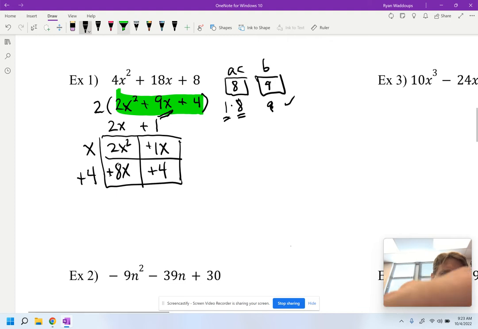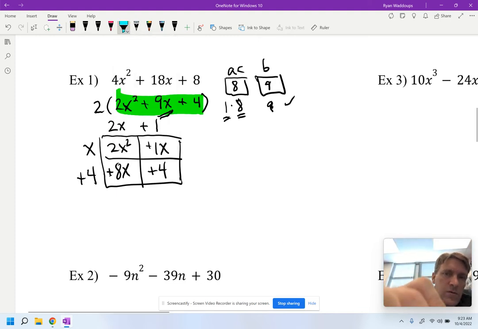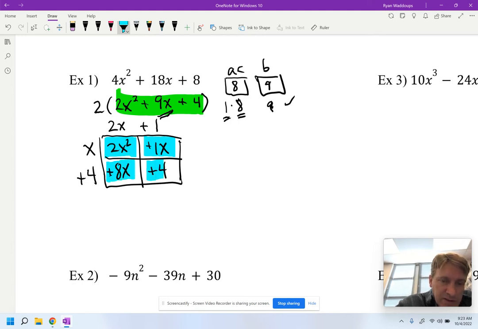And so then I just go through and double check to see if when I multiply these, 2x times x is 2x squared. 1 times x is x, or 1x. 2x times 4 is 8x. And 4 times 1 is 4.